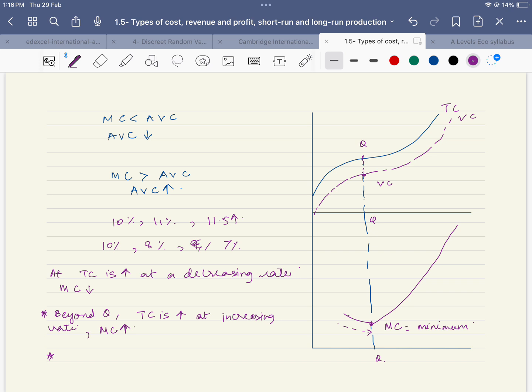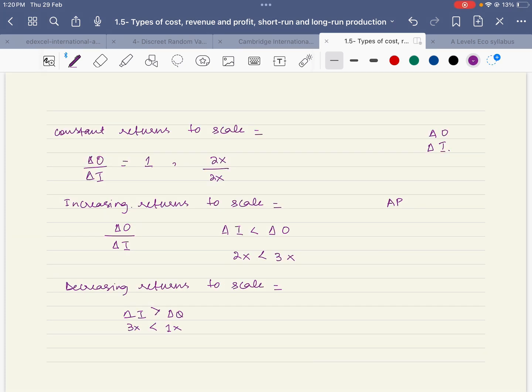We can see the graph of total cost, variable cost, and marginal cost. Let's consider them to be average total cost and average variable cost. We can see when marginal cost is decreasing, total cost is increasing at a decreasing rate. Beyond Q, when marginal cost starts increasing, total cost starts increasing at an increasing rate.